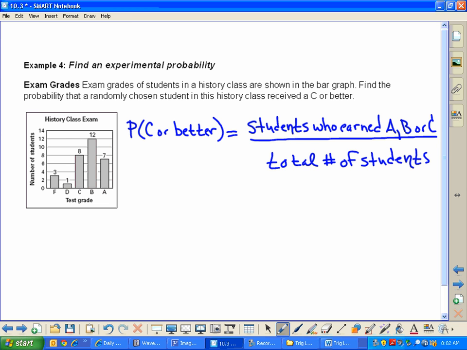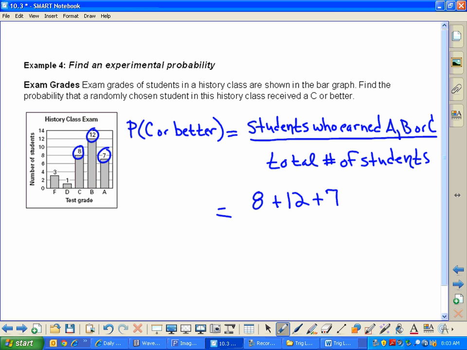So in this case, I can figure out the students who earned an A, a B, or a C pretty simply. They even tallied up the columns for you. Basically, I can see that there were 8 students who earned a C, 12 students who earned a B, and then 7 students who earned an A. So I just add up those numbers to figure out the total number of students who fall into my favorable outcomes.